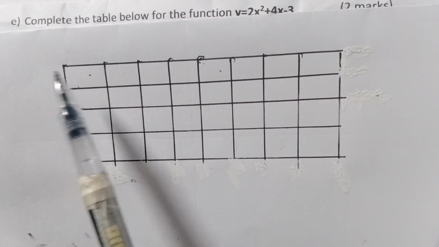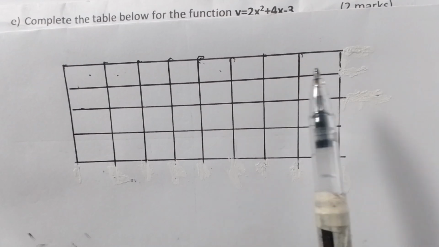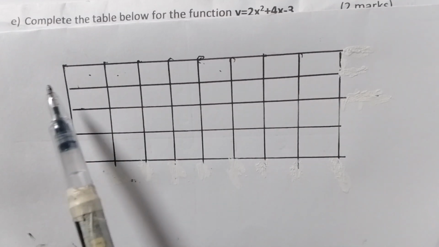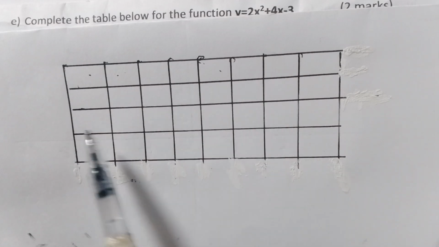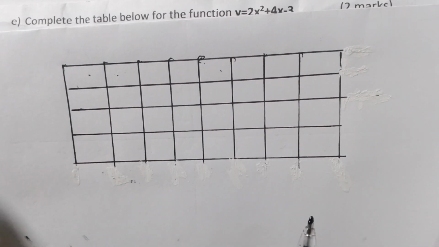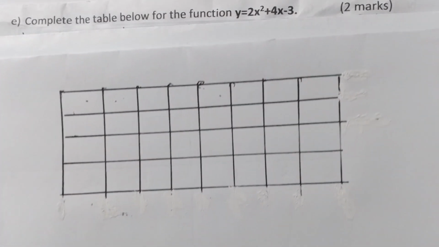So we have the columns 1, 2, 3, 4, 5, 6, 7, 8. The rows, these are the rows. So 1, 2, 3, 4. You can easily do that. Or you can even sketch it on a piece of paper.